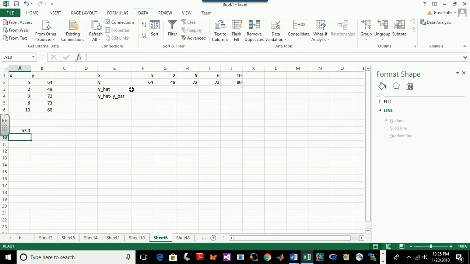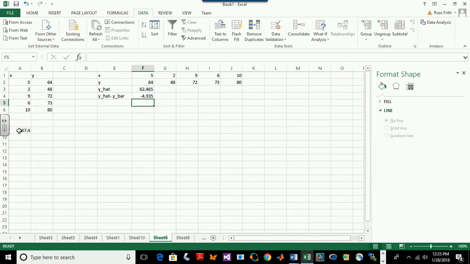Okay, so y hat will equal 3.524 times your x value, which is 5, plus 44.845. Okay, so 62.465 is your y hat, and so your y hat minus y bar is equal to this value minus y bar, okay?